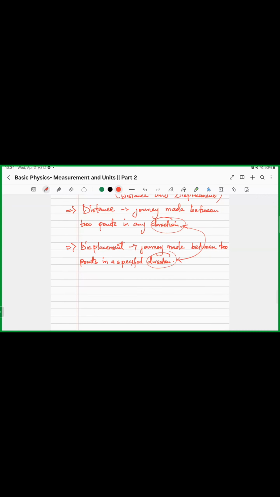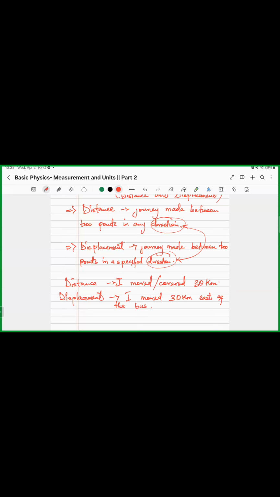A way of saying that is, for distance, I can say I covered 30 kilometers. But when you are speaking of displacement, I can't say it like that. I will say I moved 30 kilometers east of the bus. So there is a reference, there is an endpoint, and there is a trajectory. Trajectory means you can replicate that particular motion almost exactly.